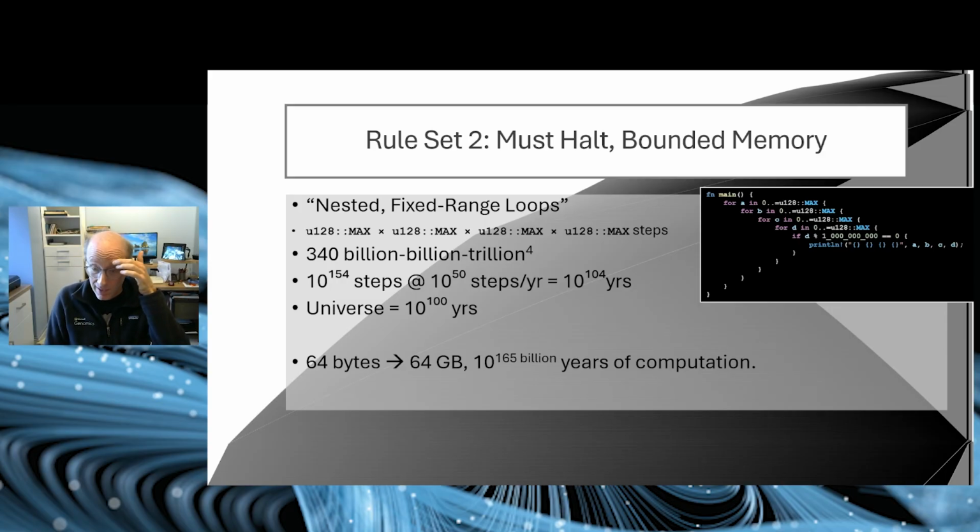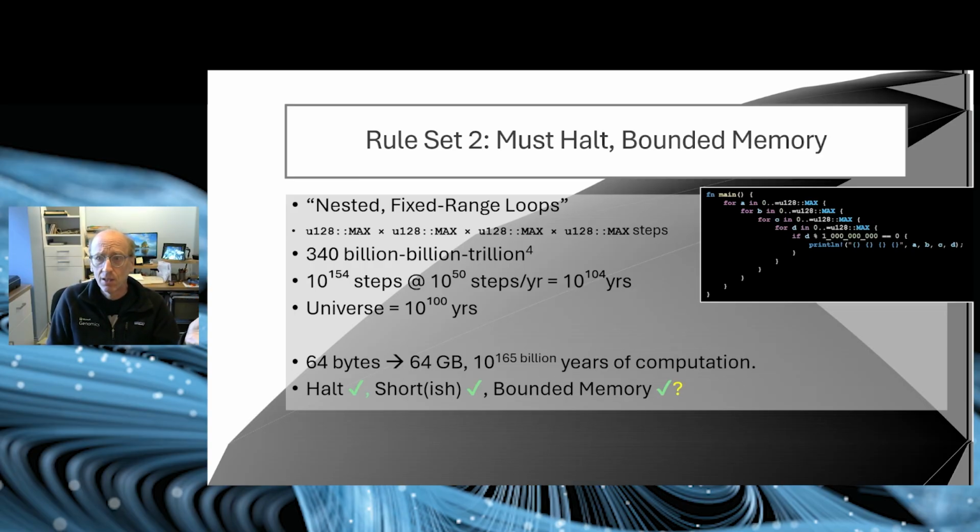And another consideration is these nested loops only use 64 bytes of memory for the 4 variables, but this computer has 64 gigabytes, and if we were to use all that memory for variables, then we could write a program in this style that would run for 10 to the 165 billion years of computation. So looking at our criteria, this program halts, it's short, and it uses bounded memory.